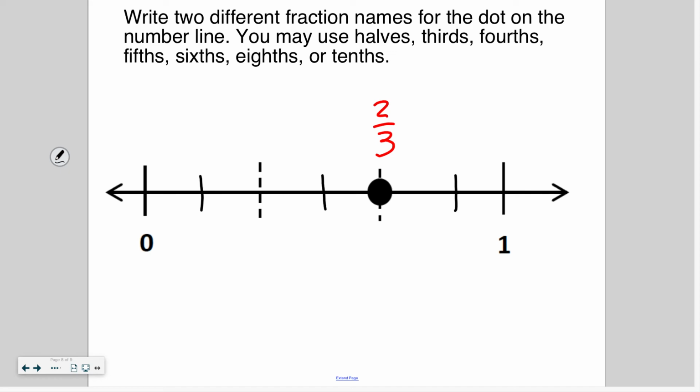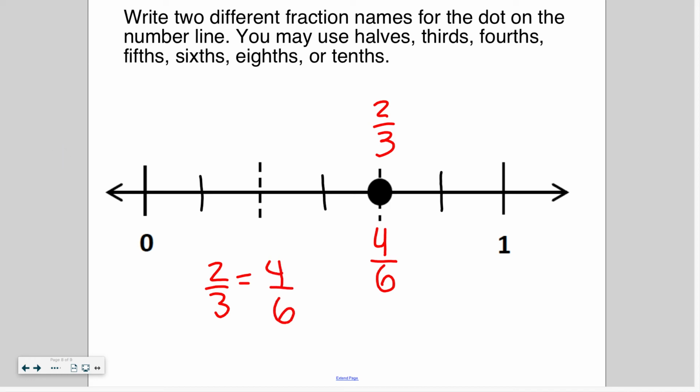If I count now, I have 1, 2, 3, 4, 5, 6 parts. So I've now made sixths on my number line. If I count up from 0 by sixths, 1/6, 2/6, 3/6, 4/6, this same dot in sixths represents 4/6. So your answer should have been 2/3 is equal to 4/6.